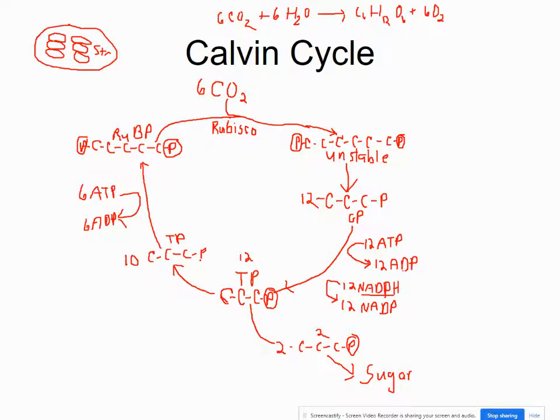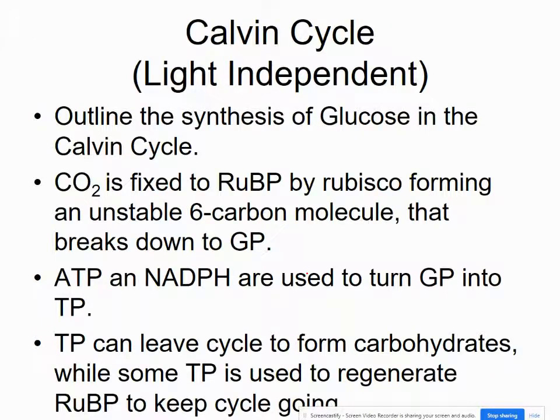It is pretty complicated, especially the first time you go through it. It really helps to draw it out like I did here and talk about it as you go through it. Here's pretty much what I said. Again, I would write this down in your notes to make sure you have it. I apologize, these are supposed to go one at a time. But outline the synthesis of glucose in the Calvin cycle.